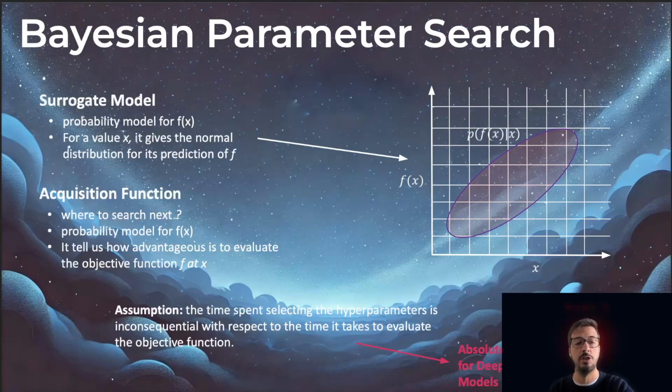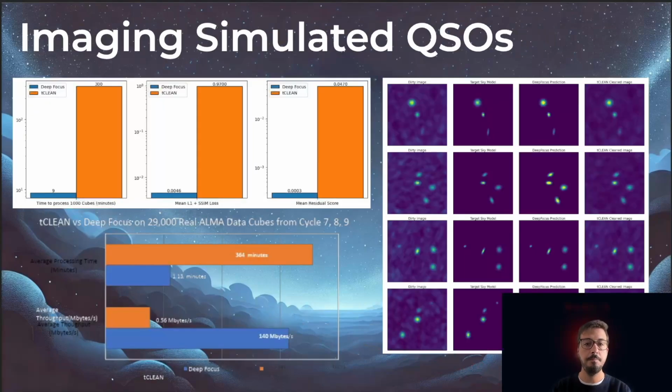And then you need an acquisition function, so something that will tell you where you want to sample in the parameter space. By finding a balance between maximizing the uncertainty or the mean of your acquisition function, you can sample points where you will be quite sure there will be an improvement of your deep learning models.